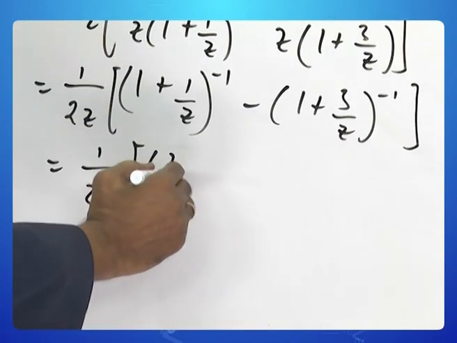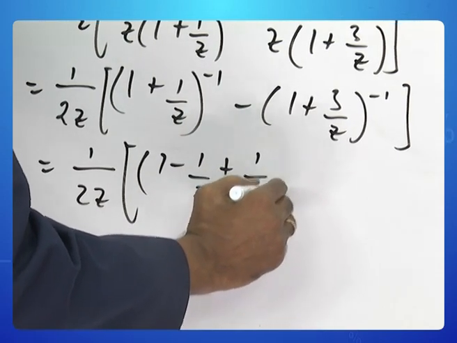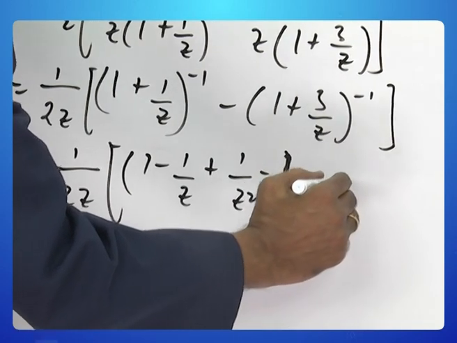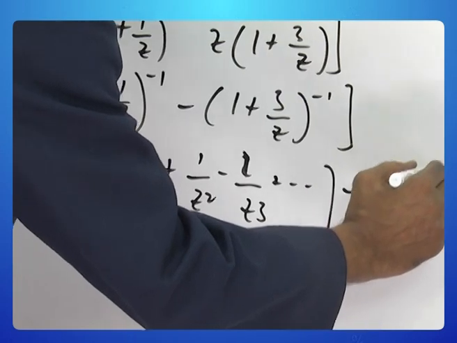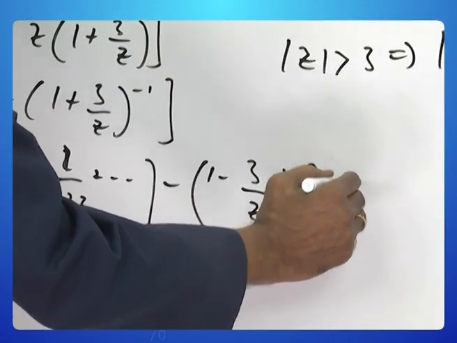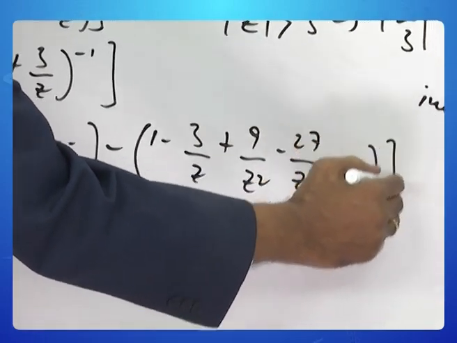These are simple binomial expansions. This will be 1 minus 1 by z plus 1 by z squared minus 1 by z cube and so on, minus of 1 minus 3 by z plus 9 by z squared minus 27 by z cube and so on.